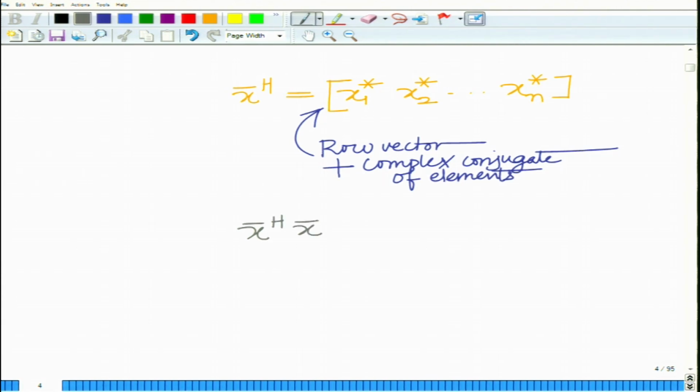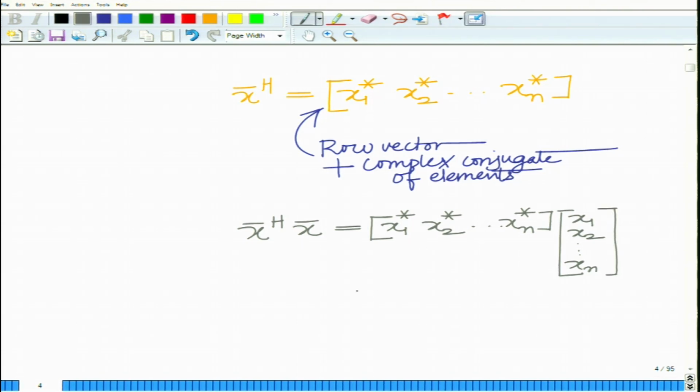x bar Hermitian into x bar is equal to x1 conjugate, x2 conjugate, up to xn conjugate, times x1, x2, up to xn, and this is equal to now the magnitude.